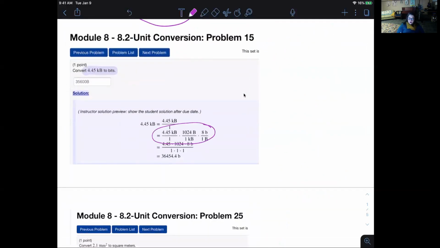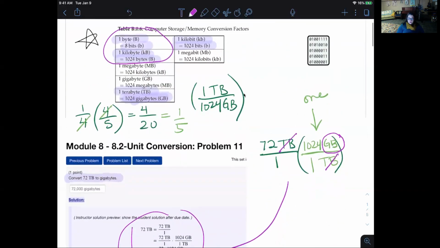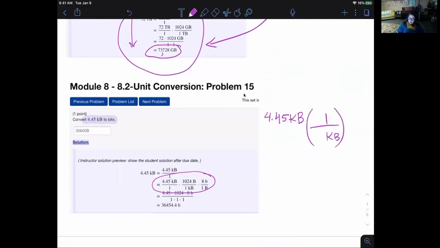We're going to start out with 4.45 kilobytes. Since we want to get rid of kilobytes, we put kilobytes on the bottom. And what's the abbreviation for bytes? It's a big B.